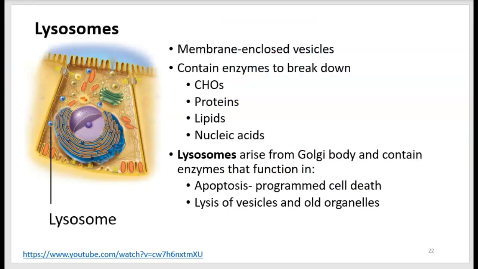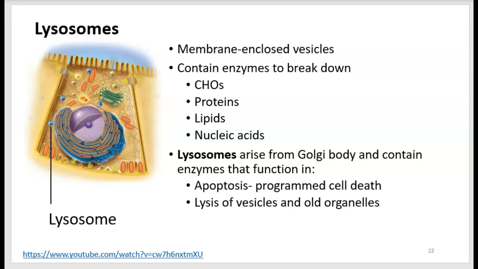So I haven't really mentioned lysosomes yet, but some secretory vesicles that bud off of the trans face of the Golgi body actually contain worn out compounds that were parts of organelles that got old, and they need to actually be broken down.